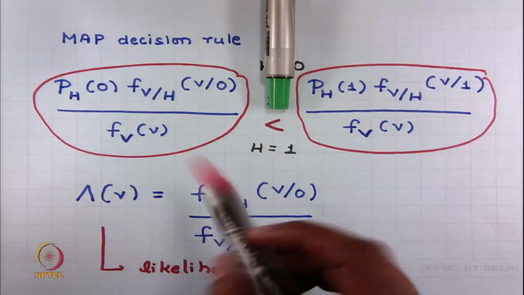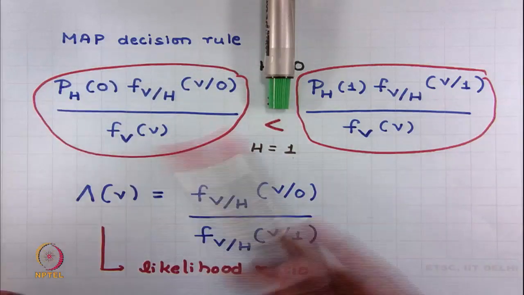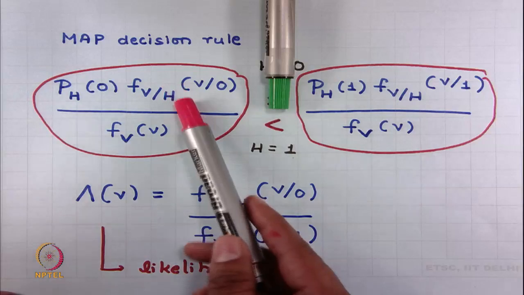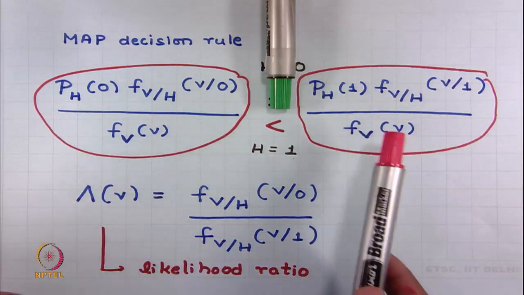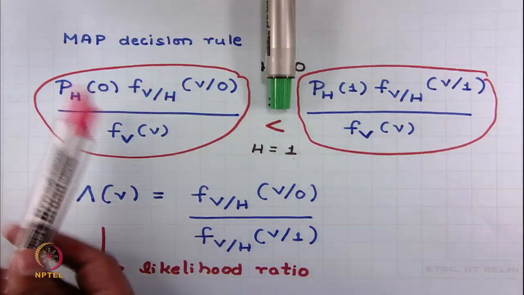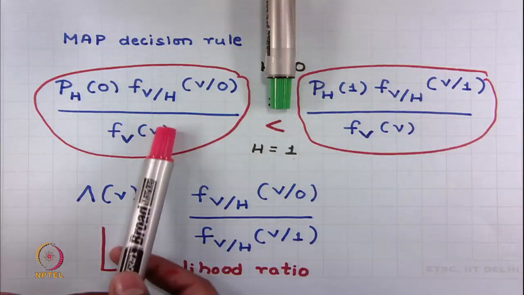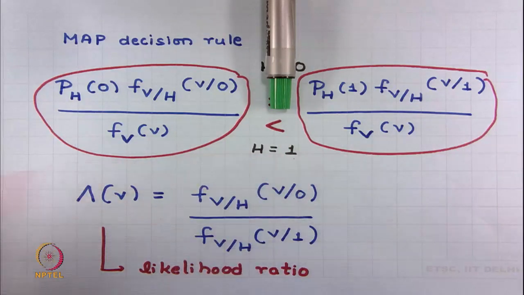And when you compare this posteriori probability with this posteriori probability, and you find out that this posteriori probability is smaller than this posteriori probability, then you choose hypothesis to be 1, and that is a simple MAP rule. So, you compare the posteriori probability of 0 with posteriori probability of 1. If posteriori probability of 0 is less than posteriori probability of 1, choose the hypothesis to be 1.